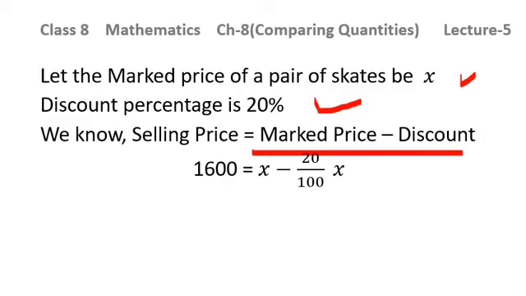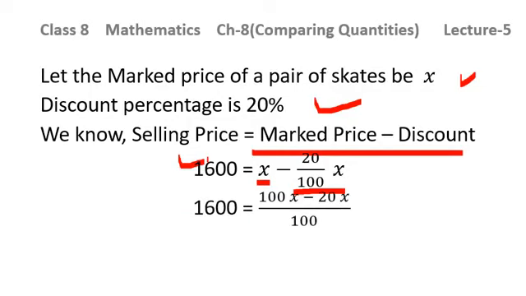Putting the values here, selling price is 1600, marked price we have taken X, discount is given to you in percentage, so it will be 20% of X, that is 20 over 100 into X, because percentage sign is there, and we know percentage is a special fraction in which denominator is always 100. So after taking the LCM this side, it will be (100x minus 20x) over 100.